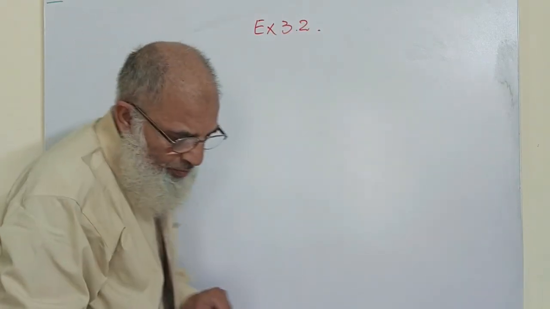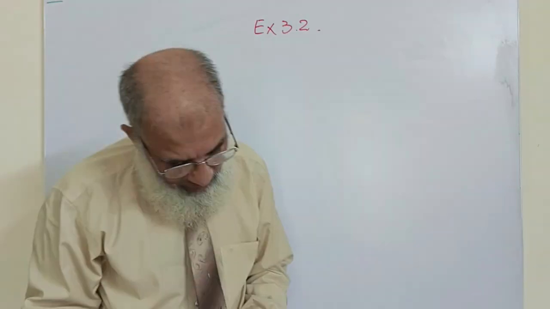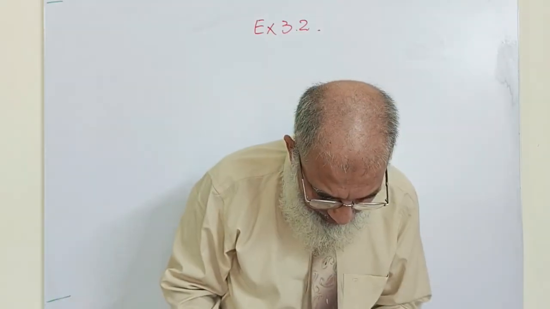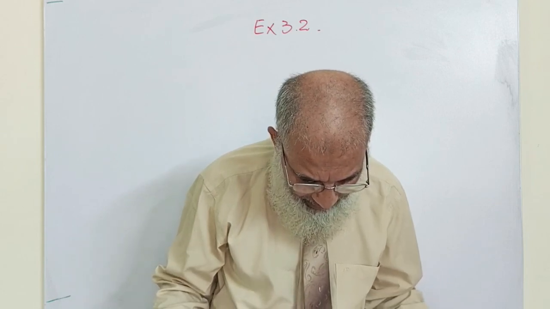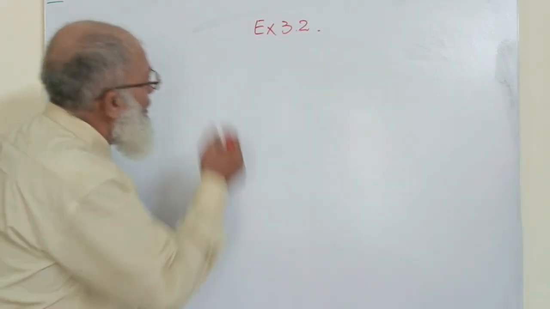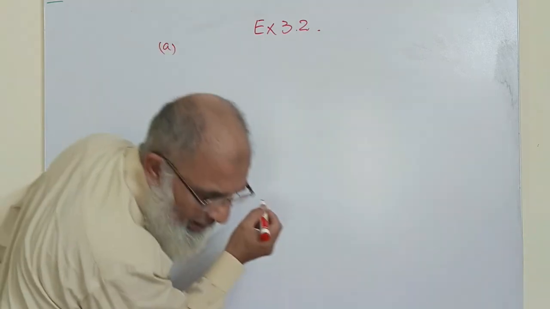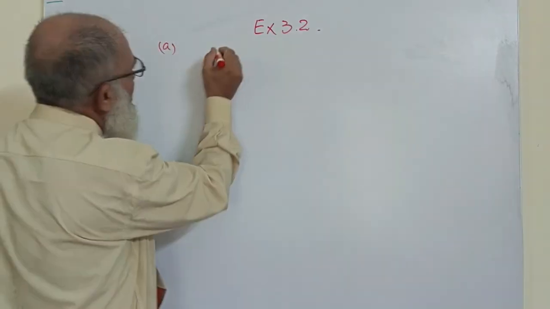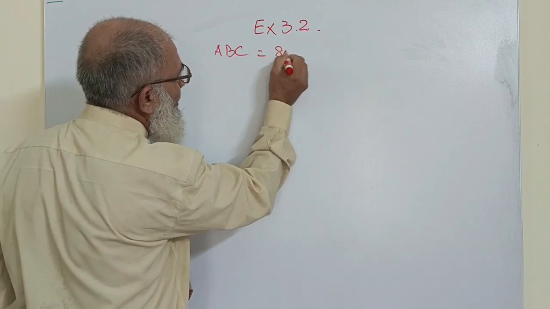Okay. Now 3.2: use ruler and protractor to accurately draw the following angles. Now we have to draw some angles. I'll be doing 3 out of 6. So A is angle ABC. Angle ABC is equal to 80 degrees.